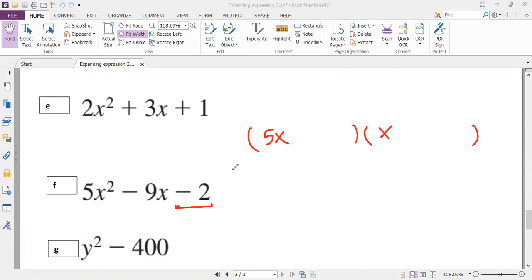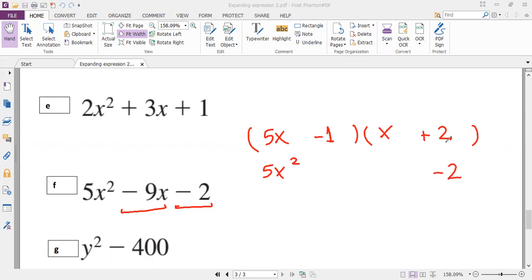But the sum of the extremes plus the sum of means is negative 9. So let's try something like negative 1 and times 2. So if we multiply the 5x times x, it's 5x squared. And if we multiply the second by the second, it's negative 2.